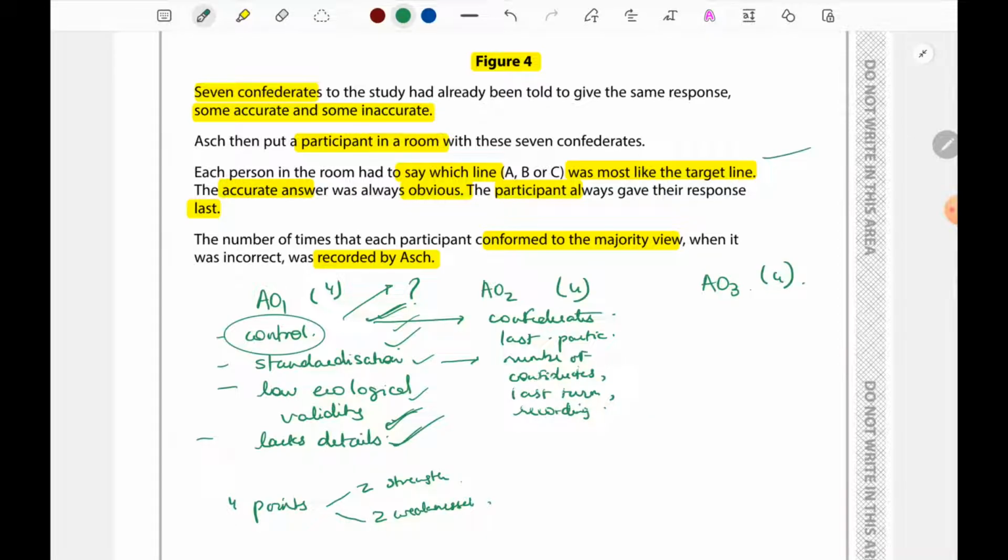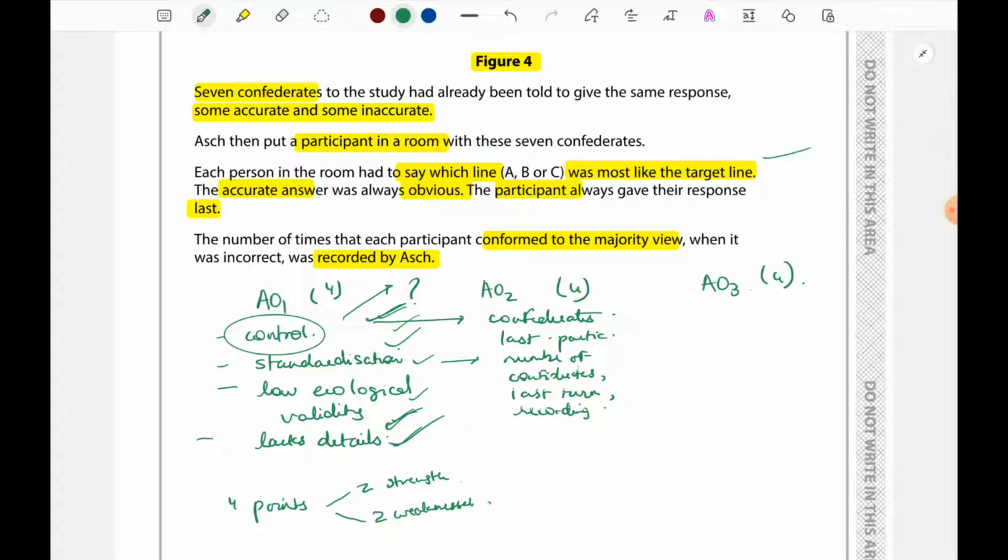Every time the participant is incorrect, a recording is made, so the number of errors are counted. All this is very standardized and very specified, so any researcher who wants to replicate can replicate this study, perform it himself, and check whether he gets consistent results like the one by Asch or not.